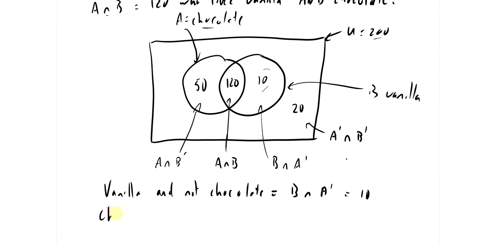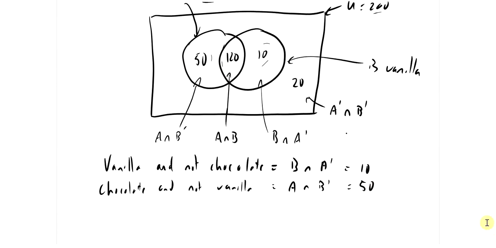Chocolate and not vanilla, that would be A intersection B prime, right? Everybody who likes chocolate but not vanilla, that's just this part. So there's 50 of those. How many like neither? Well, there's 20, right? There's 20 people who like neither chocolate nor vanilla.